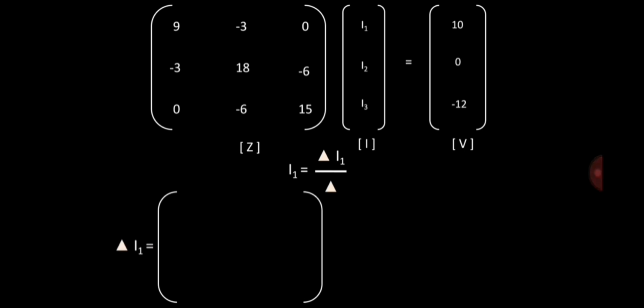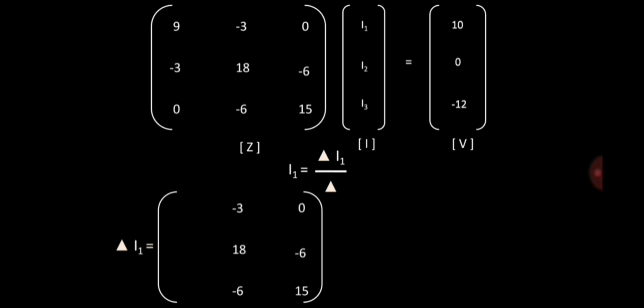So for I1, you replace the 9, negative 3 and 0, therefore we'll have 10, 0 and negative 12. After solving this one now, we'll have the determinant of I1.